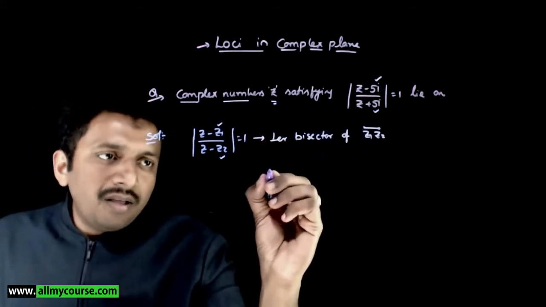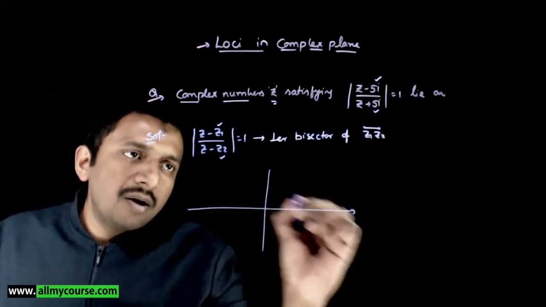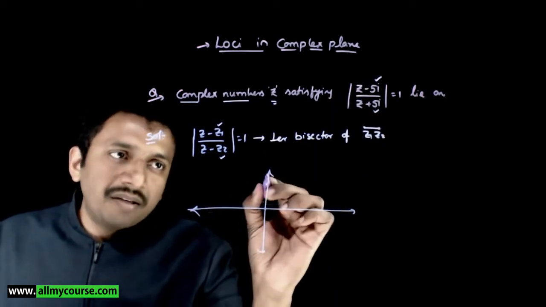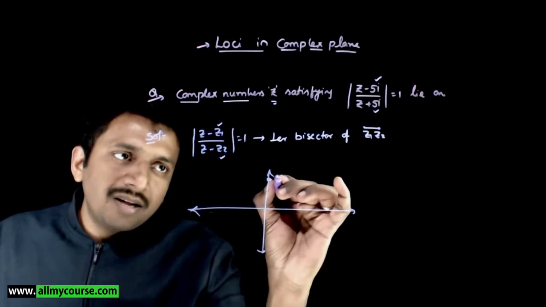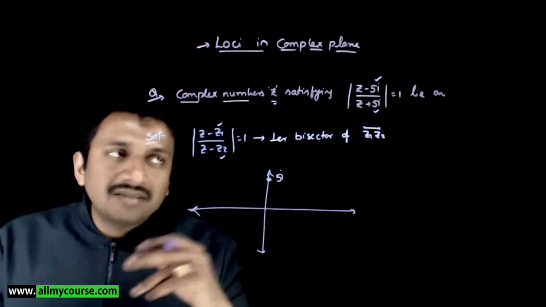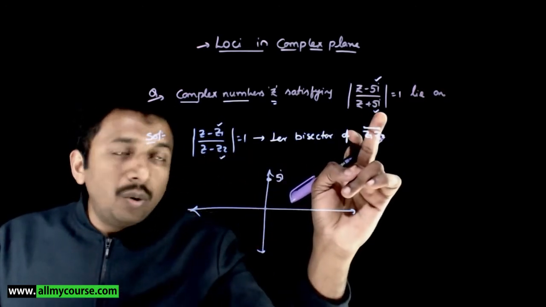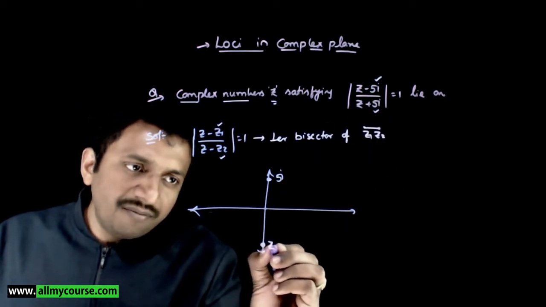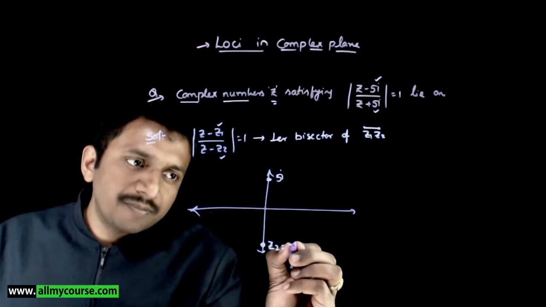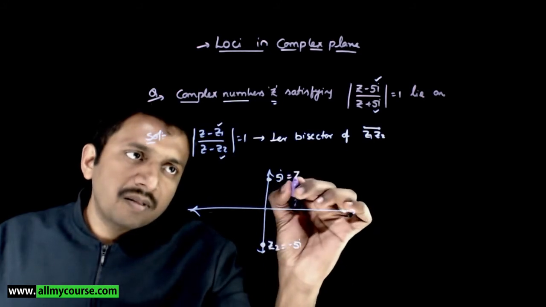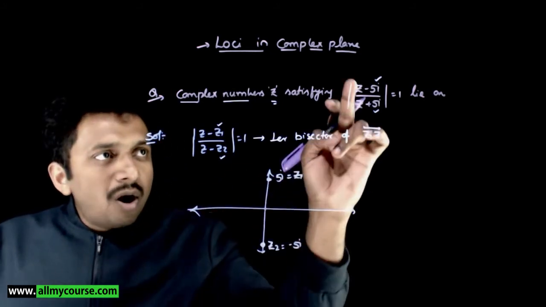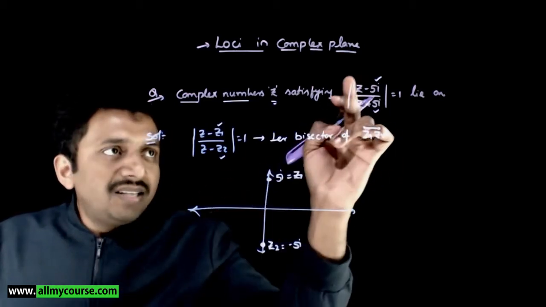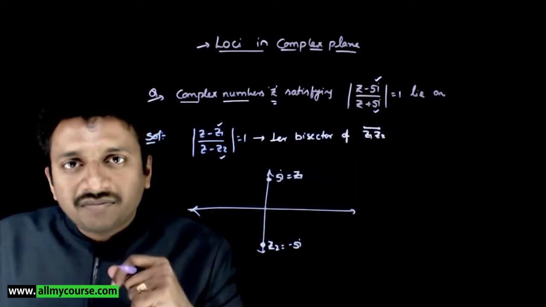So here if you plot this on an Argand plane, the first complex number is 5i, that is, it lies on the positive imaginary axis. The second complex number z2 is minus 5i, so it lies on the negative imaginary axis. Now mod of z minus 5i is equal to mod of z plus 5i, that is, z is equidistant from plus 5i and minus 5i.